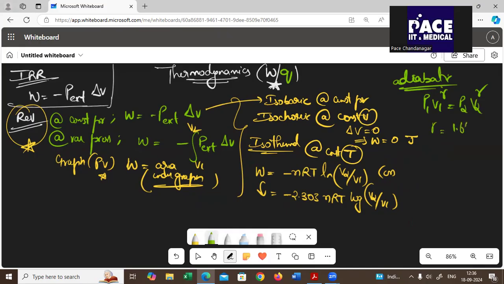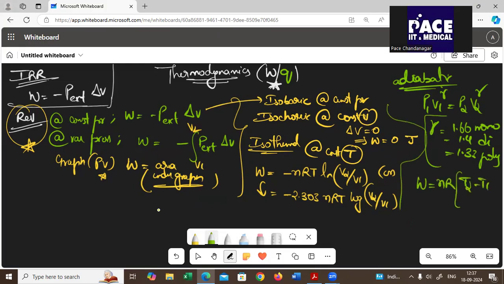Gamma value is 1.66 for monoatomic gas, 1.4 for diatomic gas, and 1.33 for polyatomic gas. So for adiabatic changes, go with P1 V1 to the power gamma is P2 V2 to the power gamma. And work done here in the adiabatic process is nR (T2 minus T1) upon (gamma minus 1). This is your work done for the adiabatic process.